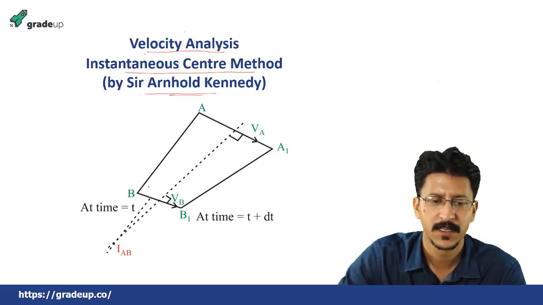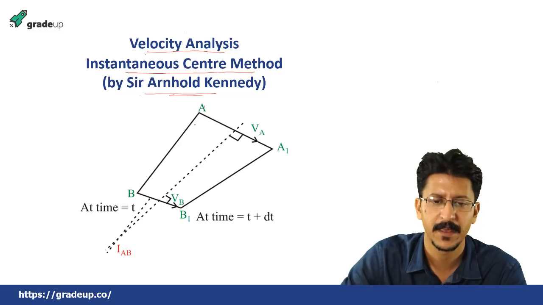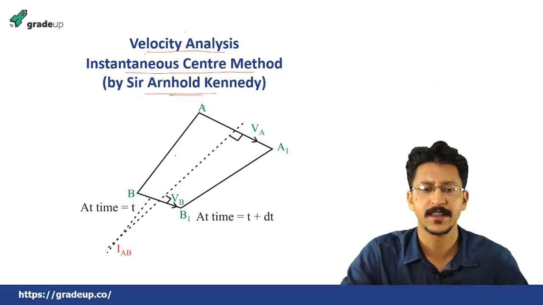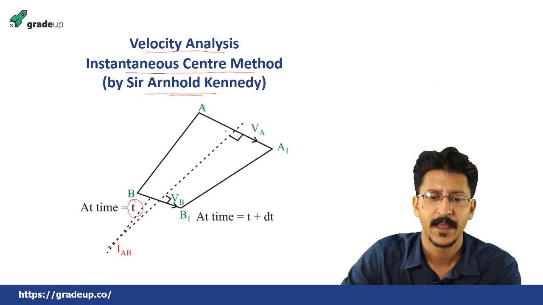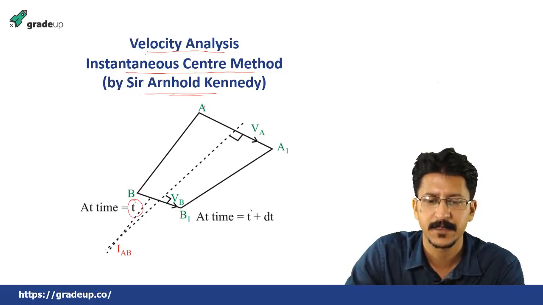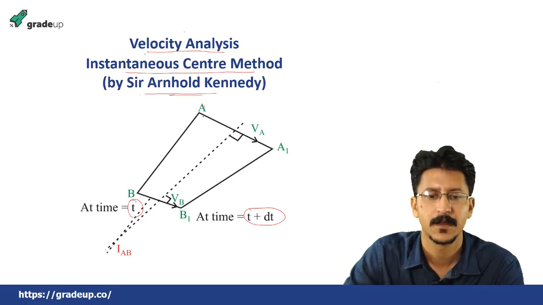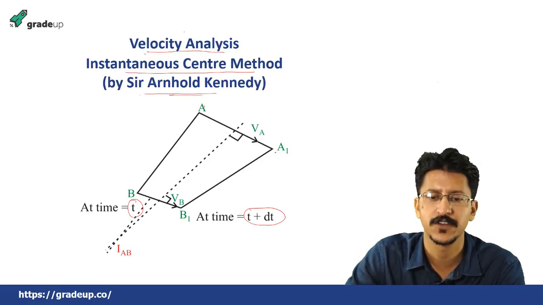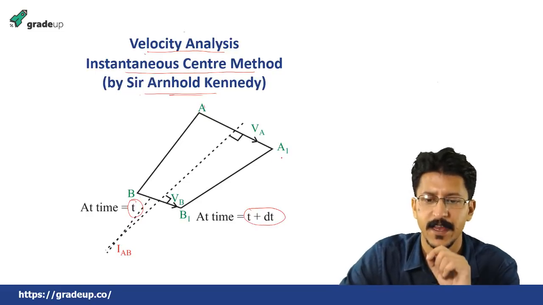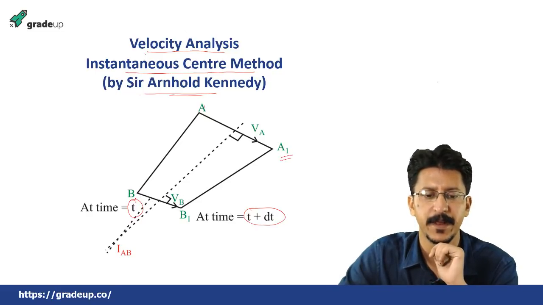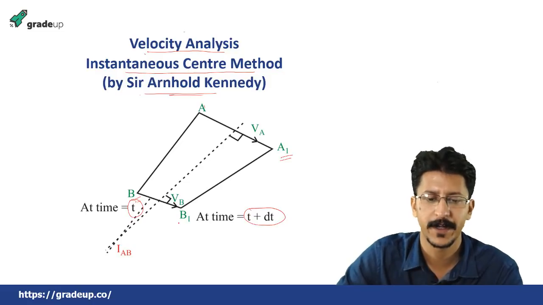Suppose this is a link AB, at a position like this at time equal to t, and at time t plus dt, this link is in a general motion. This point A has traveled to a new point A1, and this point B has traveled to a point B1.